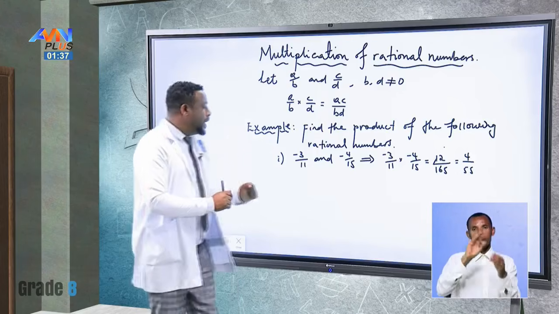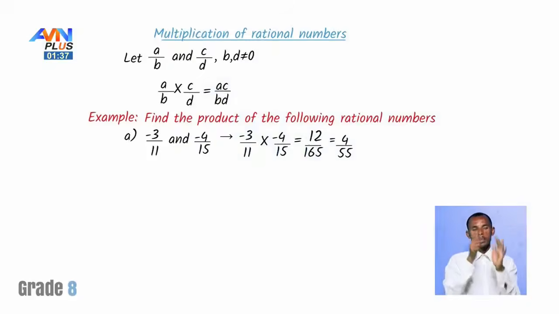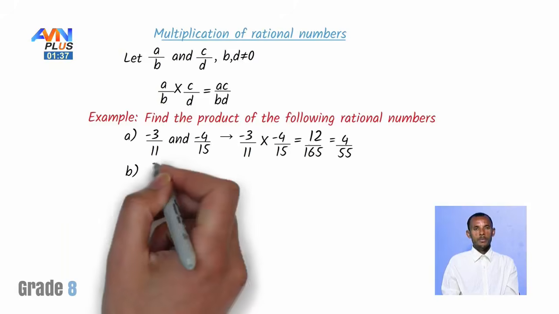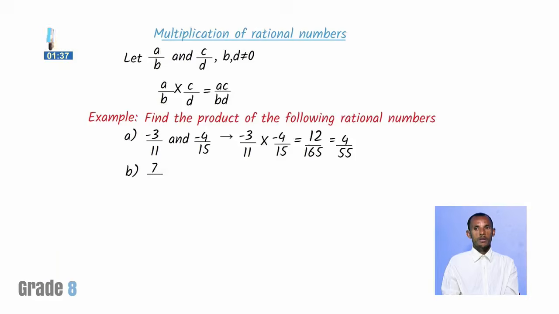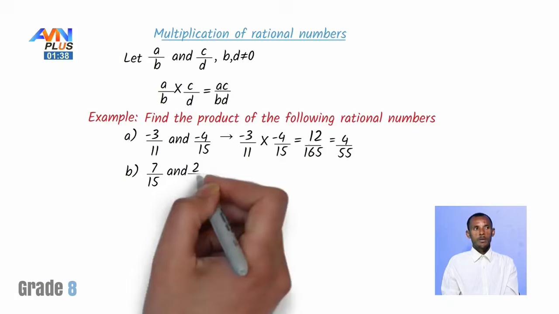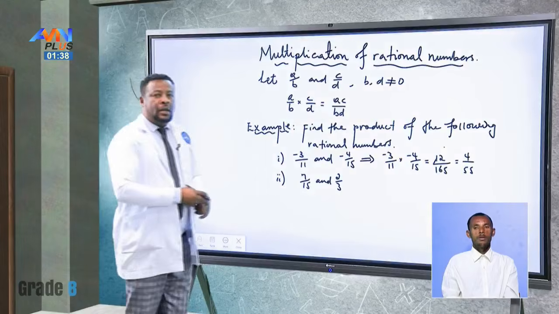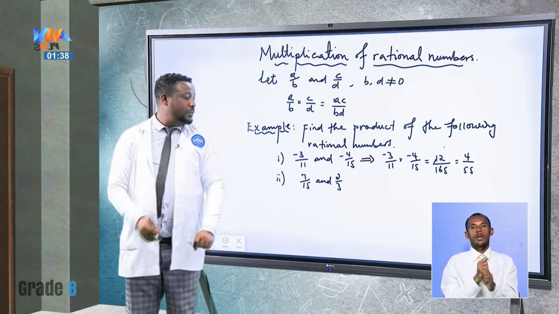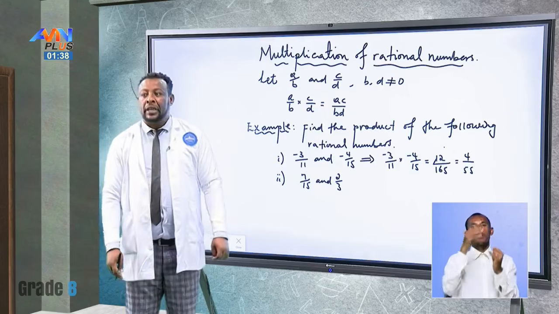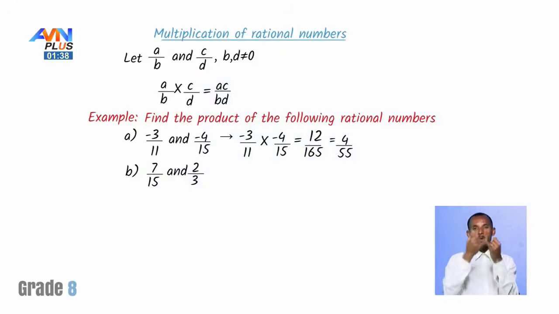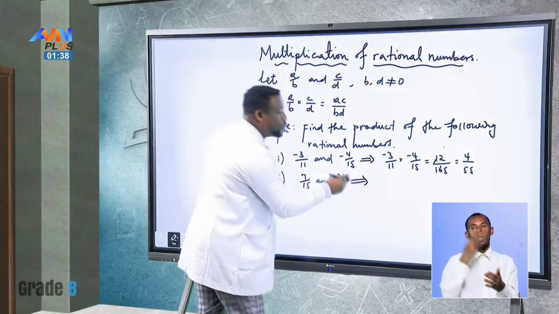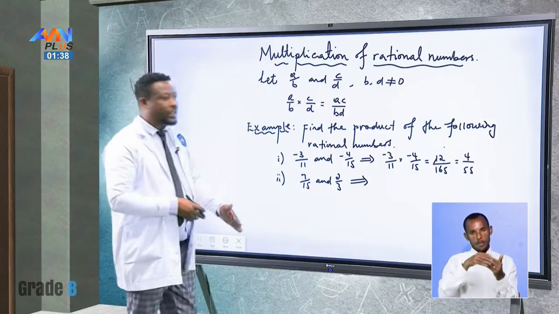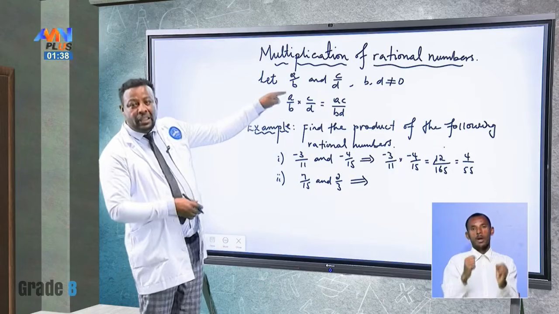Let's see another example. Here you are asked to calculate the product of 7 over 15 and 2 over 3. In this case, we follow the same procedure that we used in the first case, or you can directly apply this principle.